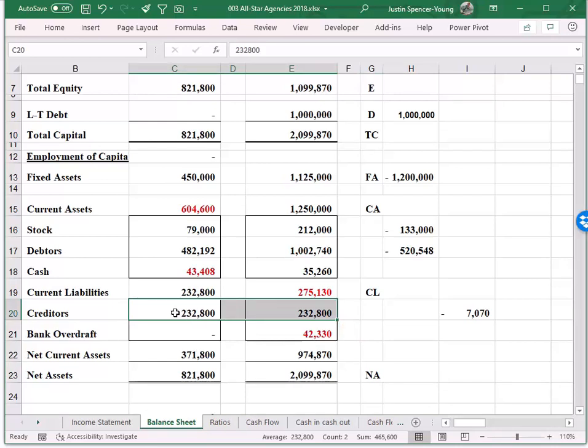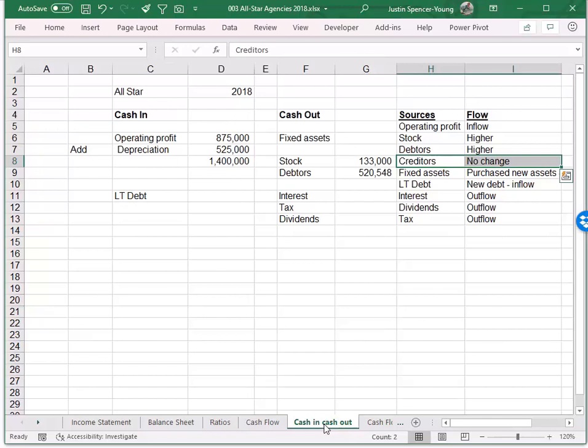Now, under those conditions, if our creditors went up, this would be a positive inflow, a source of cash for us. So something's going on here, that our cost of sales is going up, but our creditors aren't. And we're going to come back and visit that under some analysis a little bit later on. But for now, our creditors are 0, so I've actually left it out of the cash flow items.